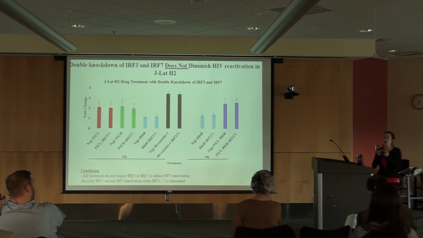Together they can heterodimerize and activate HIV. So I think what's happening is when I remove IRF7 from the cell, it upregulates the amount of IRF1 that is being produced and can take over and establish reactivation.